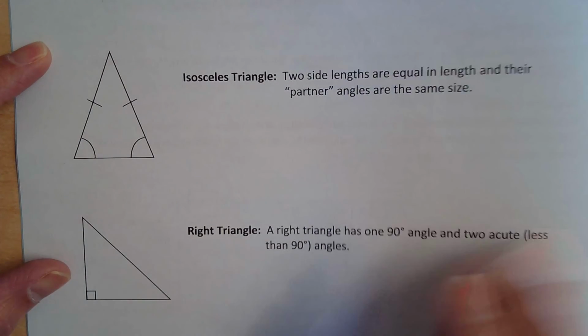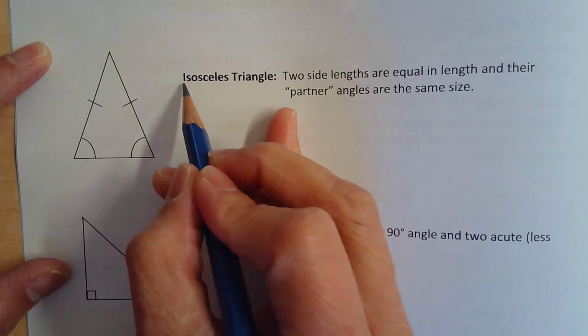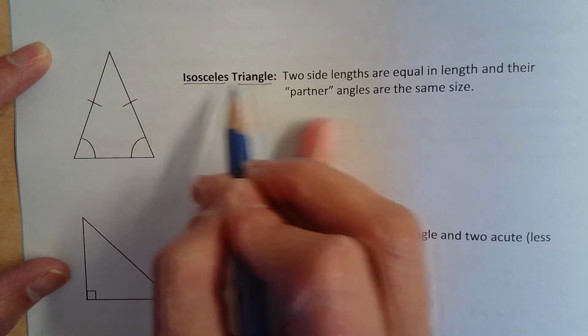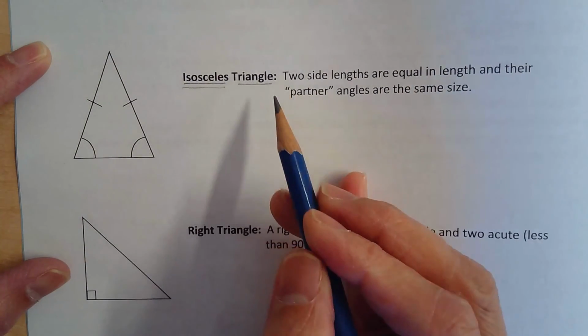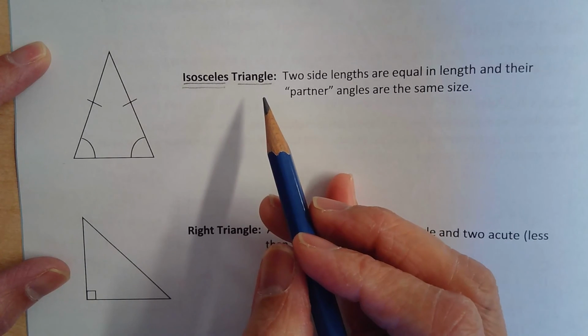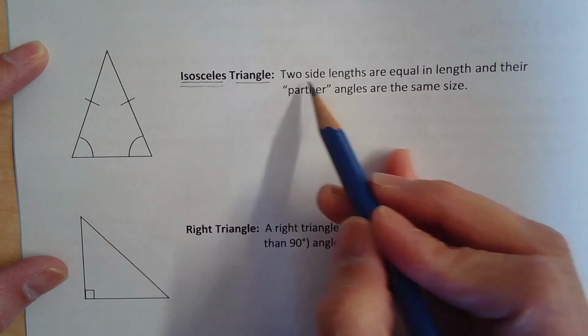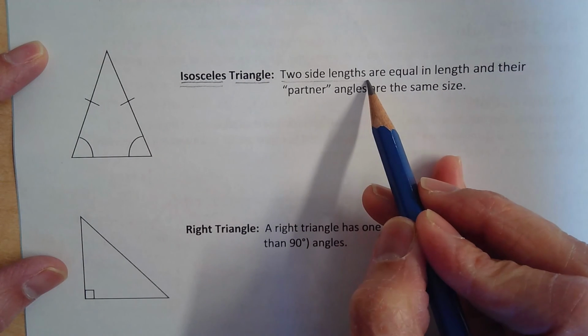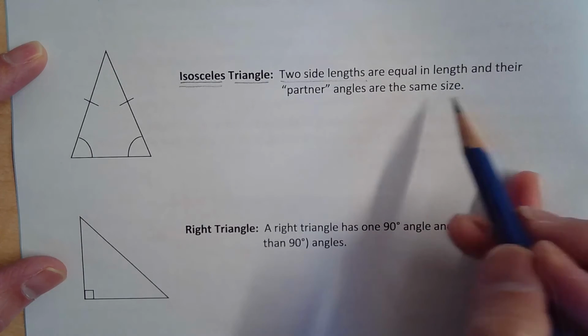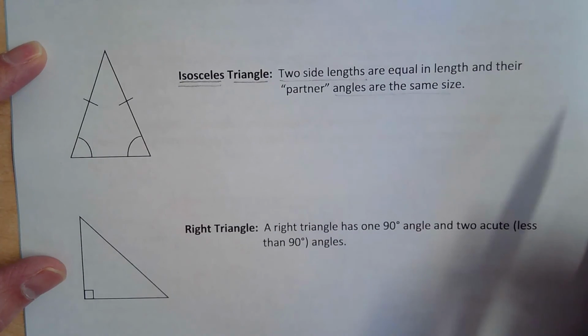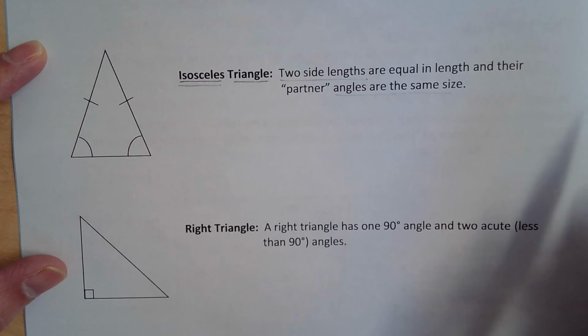Now let's take a look at the next one. Isosceles triangle. I haven't found a way to explain the breakdown of the words just like the equilateral, but an isosceles triangle has two sides that are the same length, and two angles are the same measure as well.